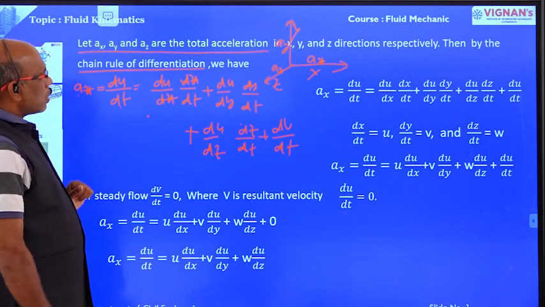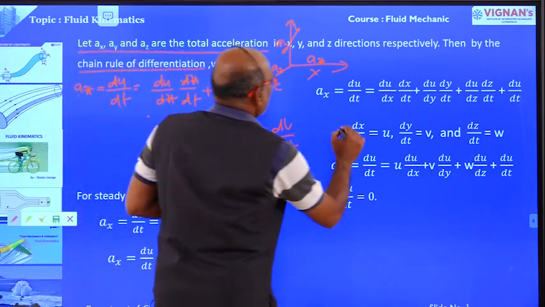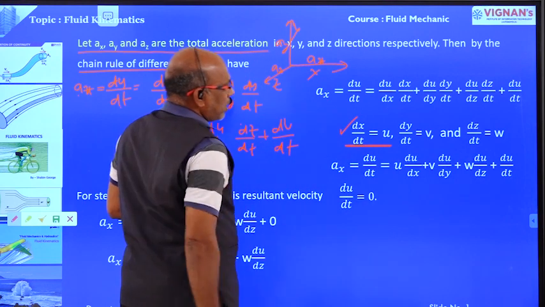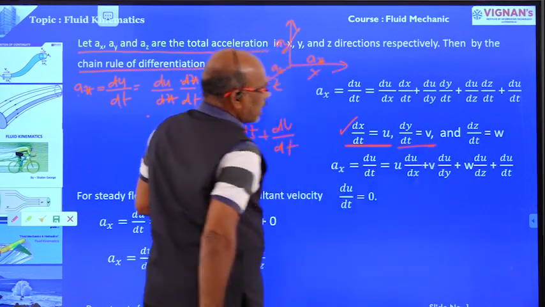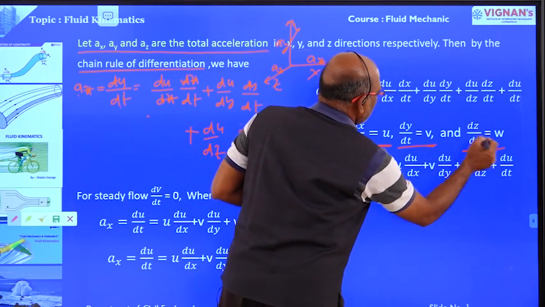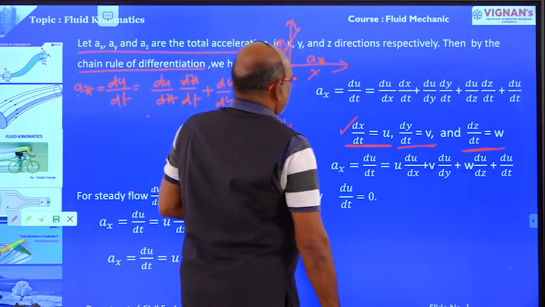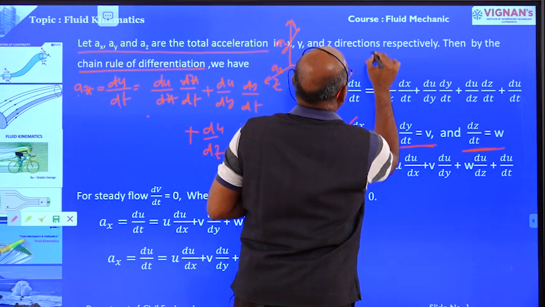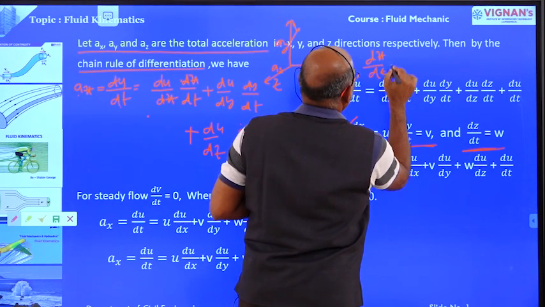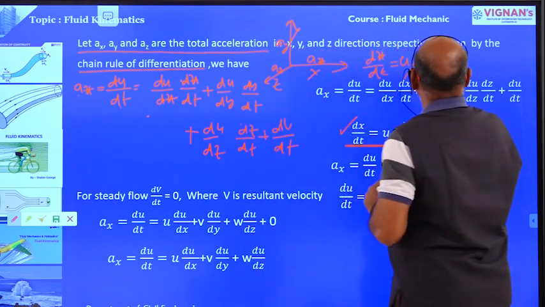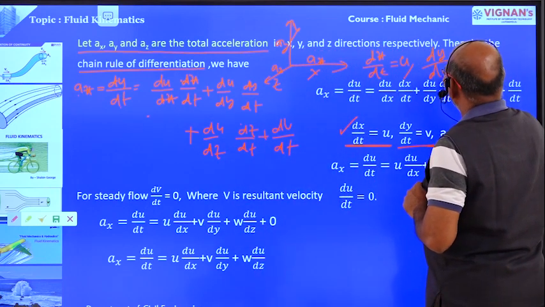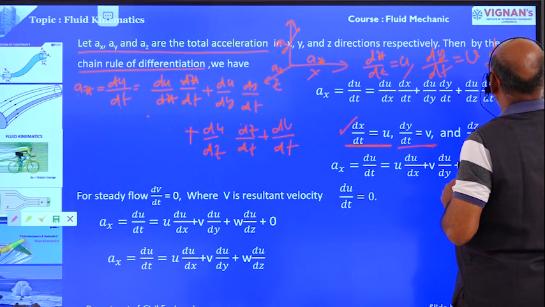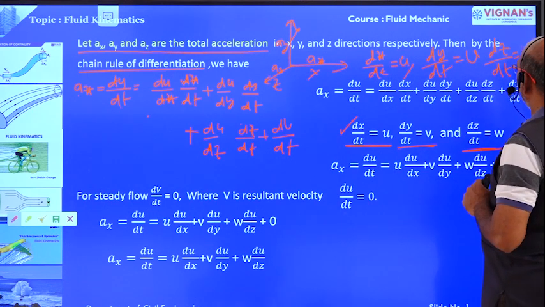But we know the values: dx by dt, distance by time, is the velocity u in the x direction; dy by dt, with respect to time, is v, the velocity in the y direction; and dz by dt, distance by time in the z direction, is equal to w.